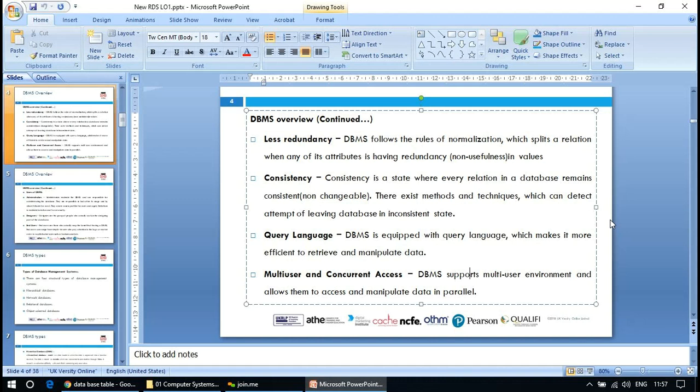So make sure that you are on time, maybe 15 minutes before you come online, and get the session connected. When will be the next session, sir? On Thursday, the database session.